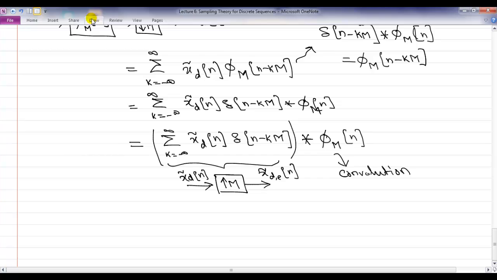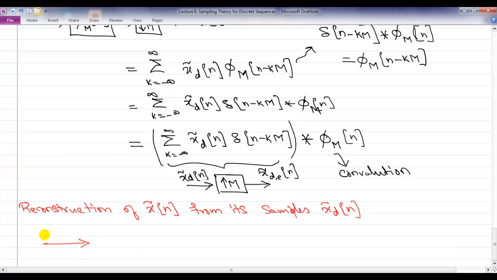So if I collect both of these facts together, we can say that reconstruction in the discrete world, reconstruction of x tilde[n] from its samples x tilde d[n], is given by: you first do an expansion by a factor of m, and then you do filtering with phi m of n.